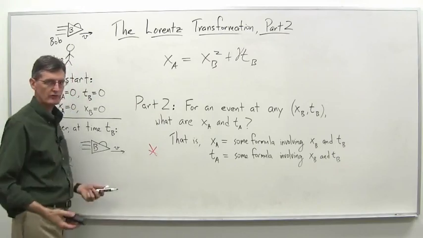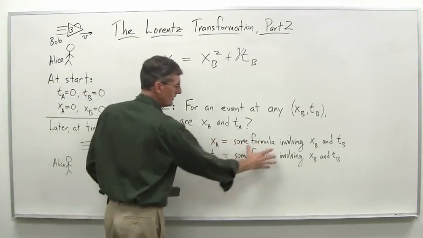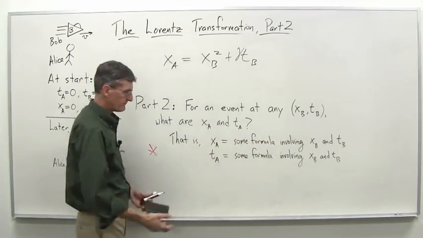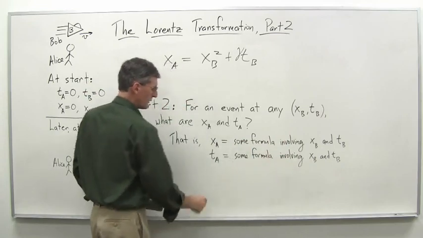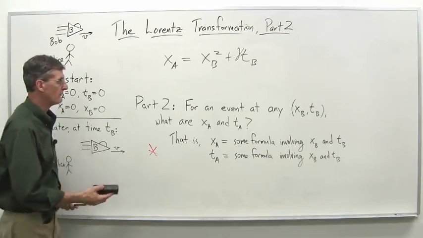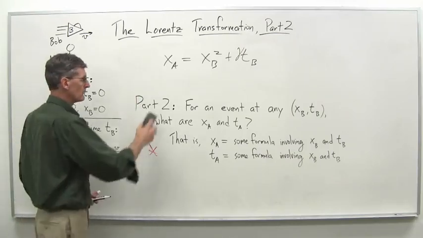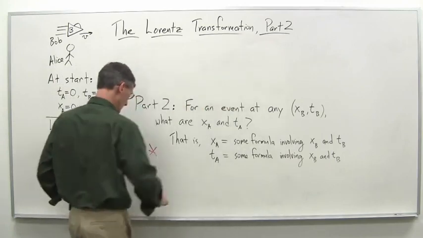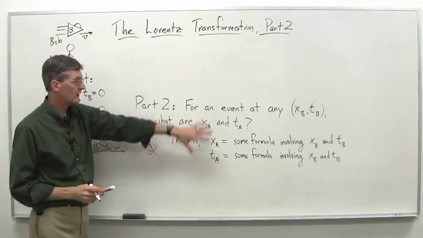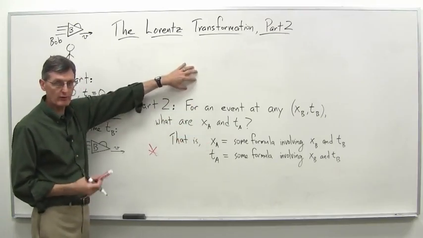So that puts some restrictions on it. Whatever the formula is, the units for this one have to be units of length, and the units of the other formula, whatever it is, have to end up being units of time. So we can't have something like that. Another thing: I just erased our formulas here, but when x_B equals 0, I have to get my two equations from part 1.